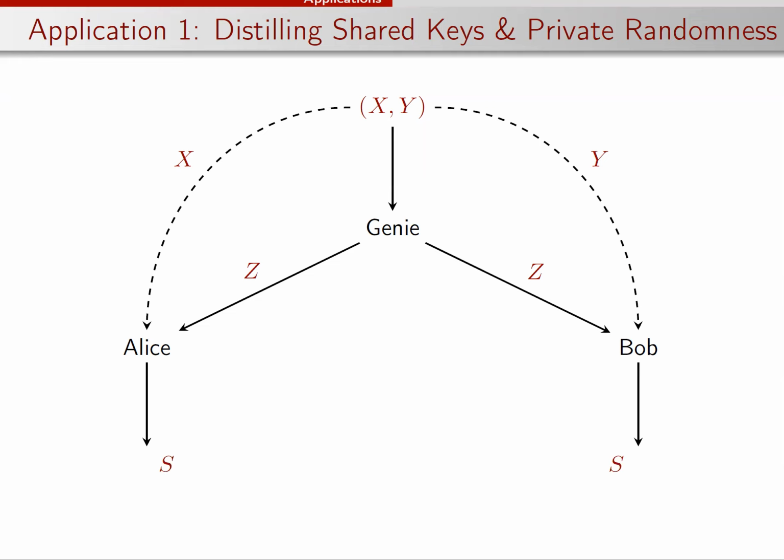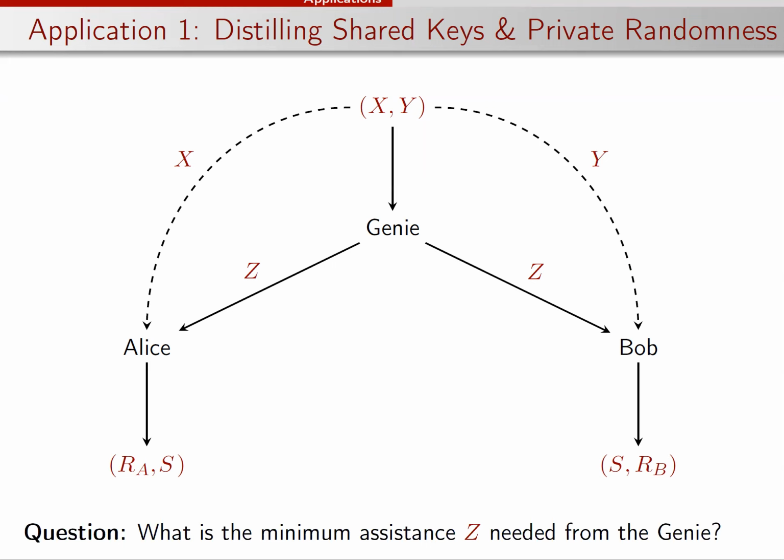Alice and Bob's objective is to non-interactively establish a key S, and they also want to extract the leftover entropy from their samples as independent private randomness. The question of interest is, what is the minimum assistance Z needed from the Genie?